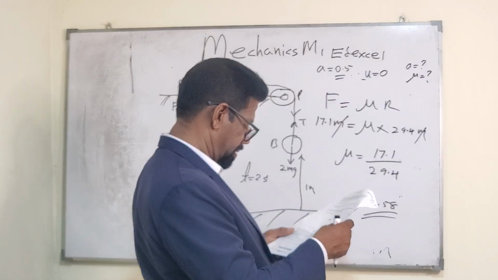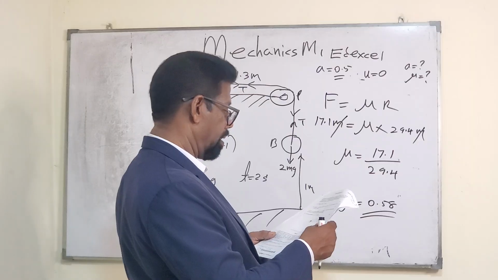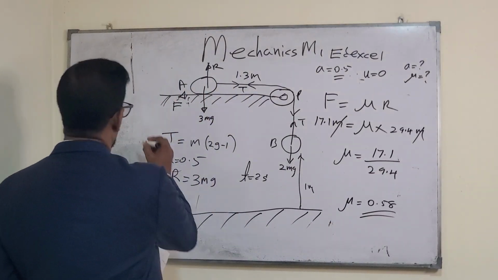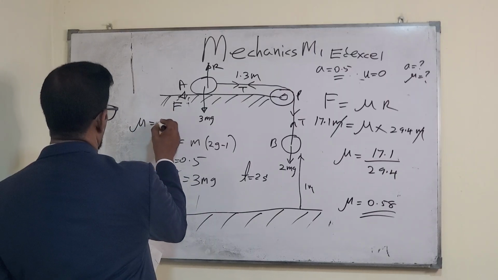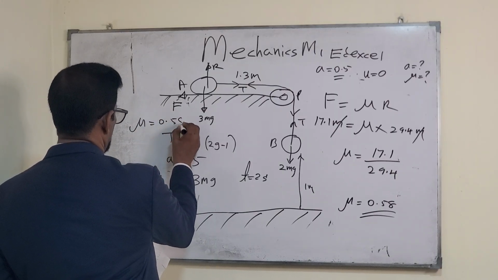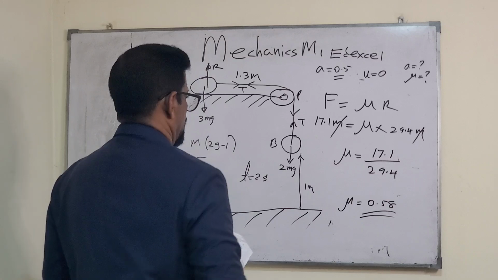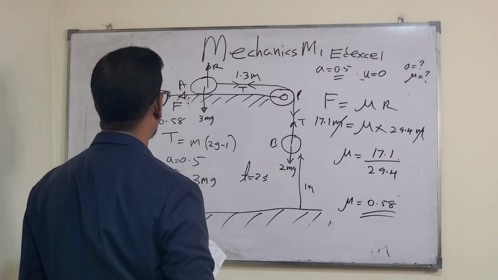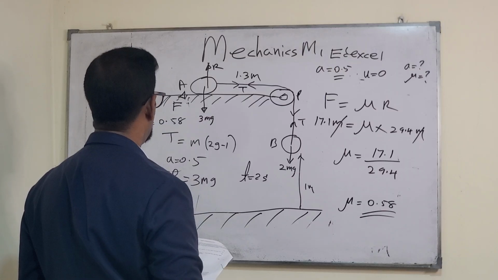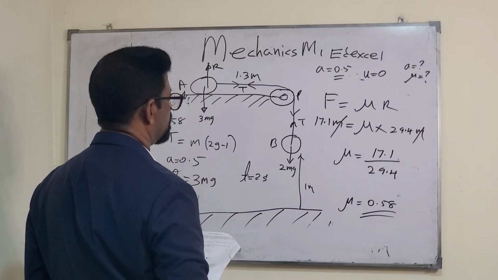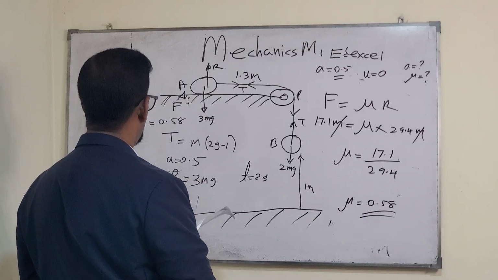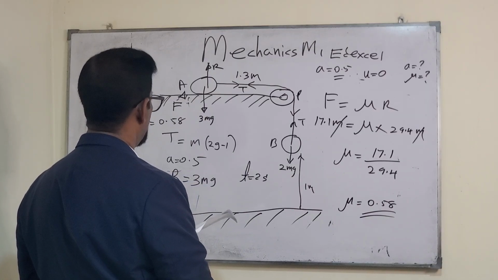Yes, the coefficient of friction. Okay, 0.58. Now mu is already done, 0.58. Right, then so now we are going to find the next part.